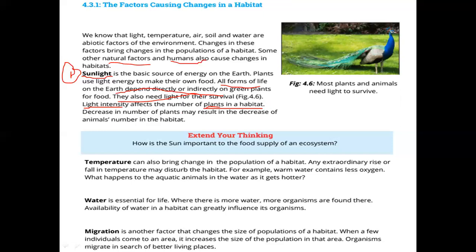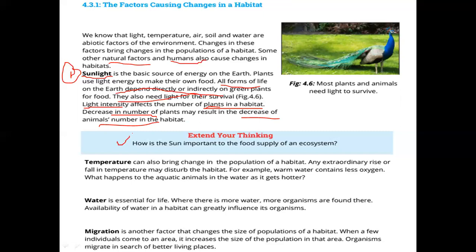So if sunlight is decreased to its minimum amount, the number of plants will definitely decrease, and this may result in a decrease in the number of animals in the habitat, because for example in a forest, a desert or a grassland where the animals feed only on plants, the animals can die due to fewer plants.